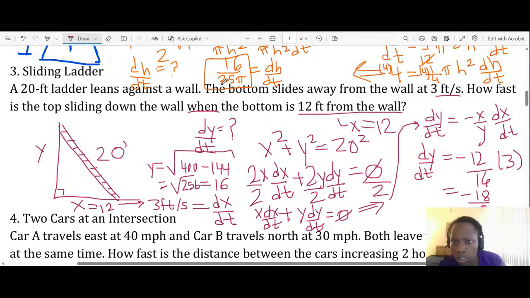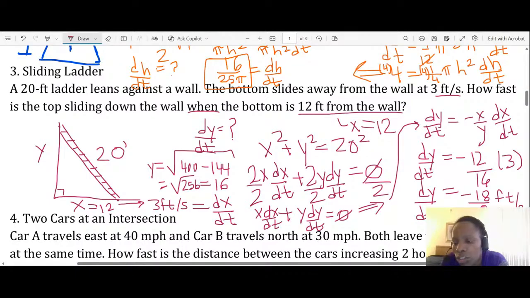And the units on that are going to be feet per second. Okay, so that's dy/dt. And that's how fast the top is going down. It's sliding down 18 over 8 feet per second.